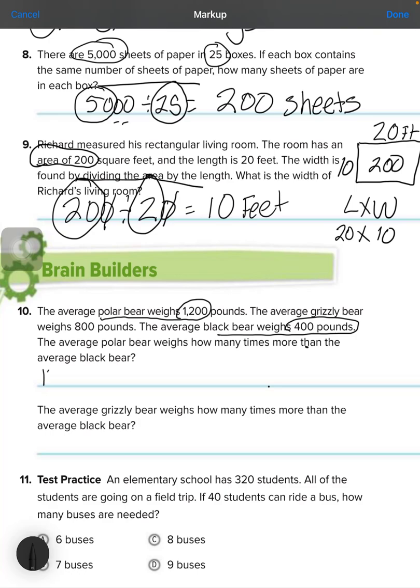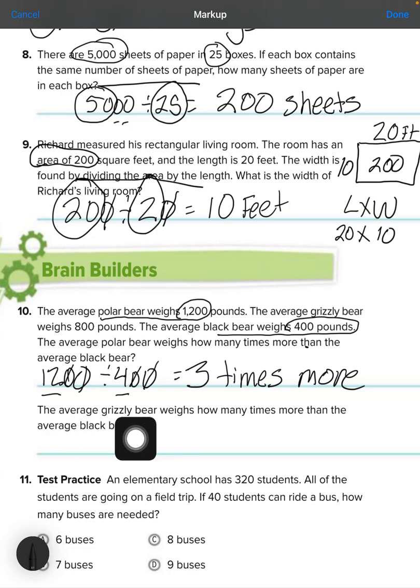So polar bear, 1,200 divided by the 400, which is the black bear. Good news. Look, we can cross off 2 zeros in each one. So then we have 12 divided by 4 equals 3. So it's 3 times more. The polar bear is 3 times bigger than the black bear.